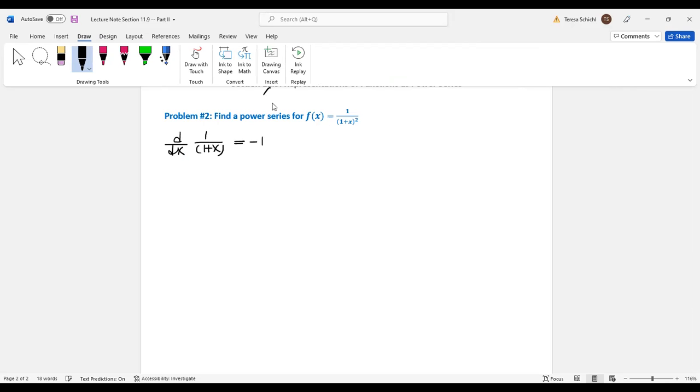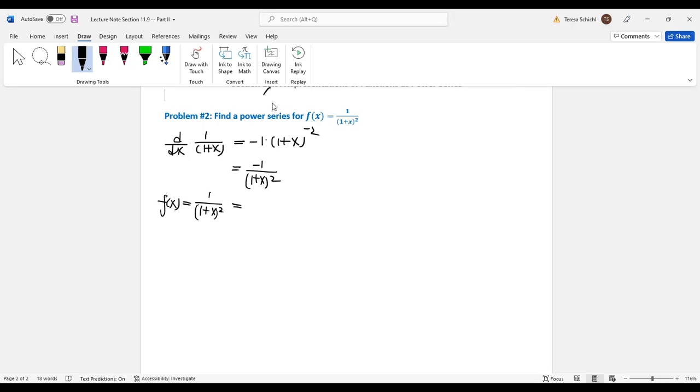It's negative 1 times 1 plus x to the negative 2, right? So this will be equal to negative 1 over 1 plus x squared. Okay, so I know I'm going to find these functions, right? So f of x is equal to 1 over 1 plus x squared.